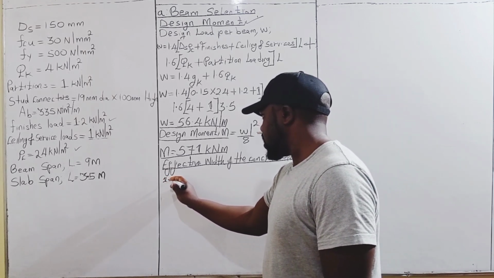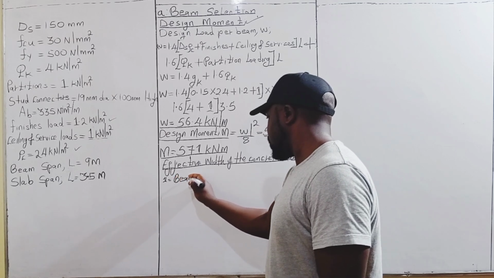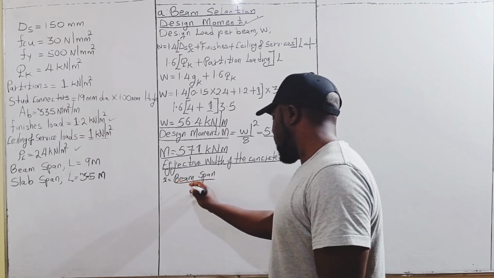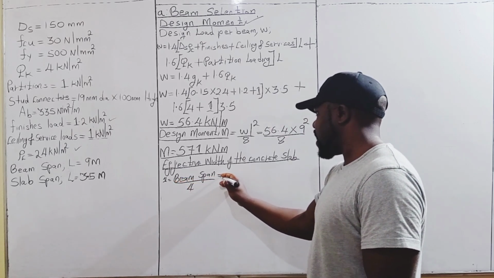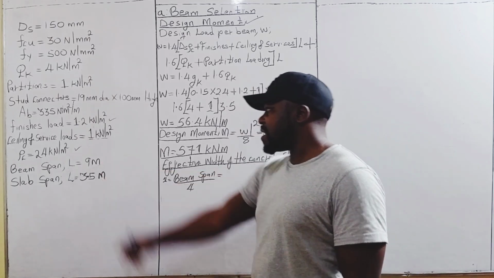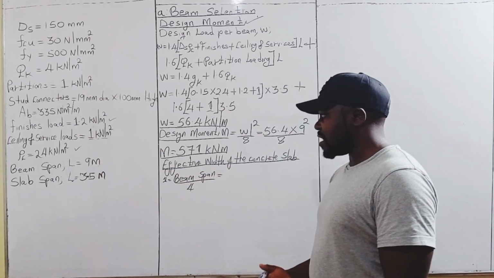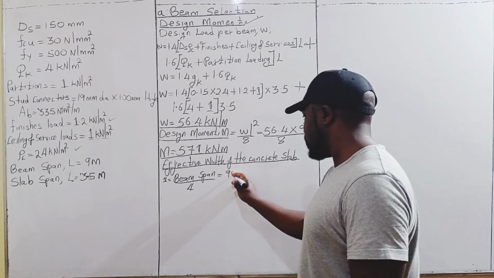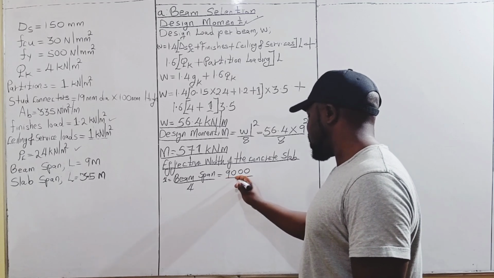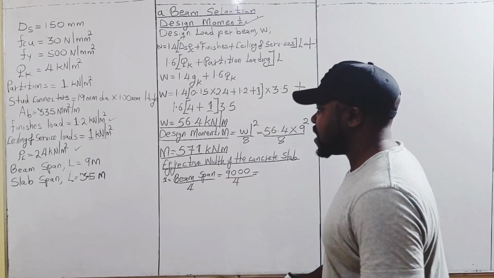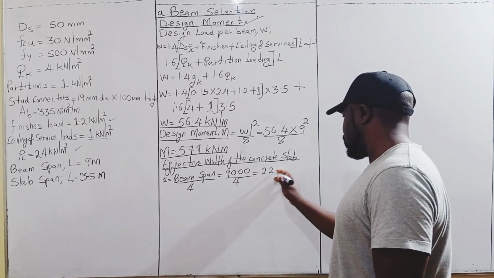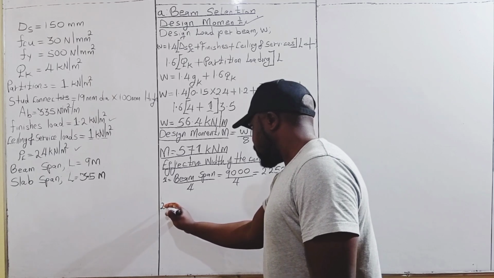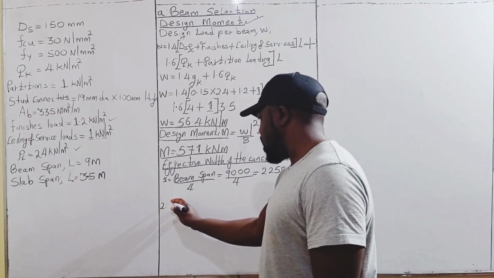One of them is the beam span divided by 4, and the beam span in this case is 9 meters. Converting it to millimeters, that is multiplying 9 meters by 1,000 to give us 9,000 millimeters. We divide by 4, and that gives us 2,250 millimeters. The other will be the beam spacing.